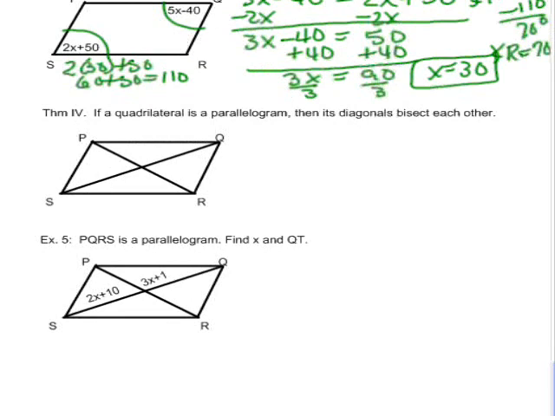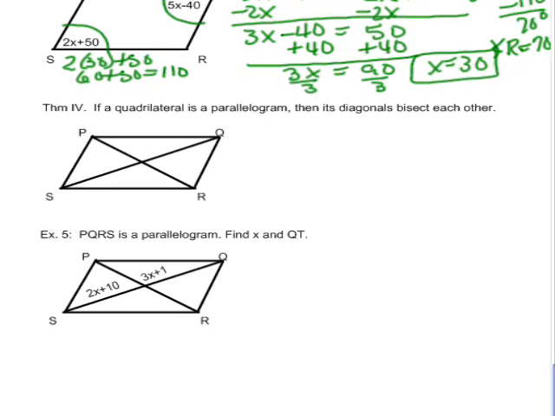Okay, now that we're back, we want to look at the last theorem. Theorem 4 says if a quadrilateral is a parallelogram, then its diagonals bisect each other. This is kind of cool.